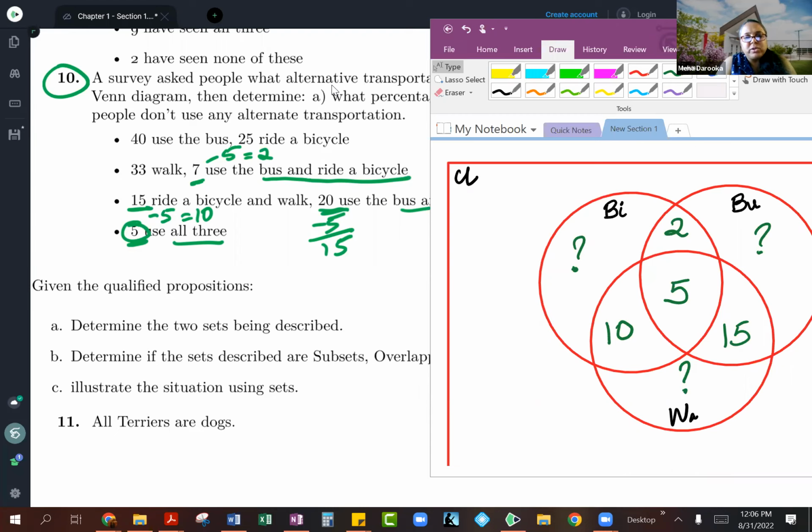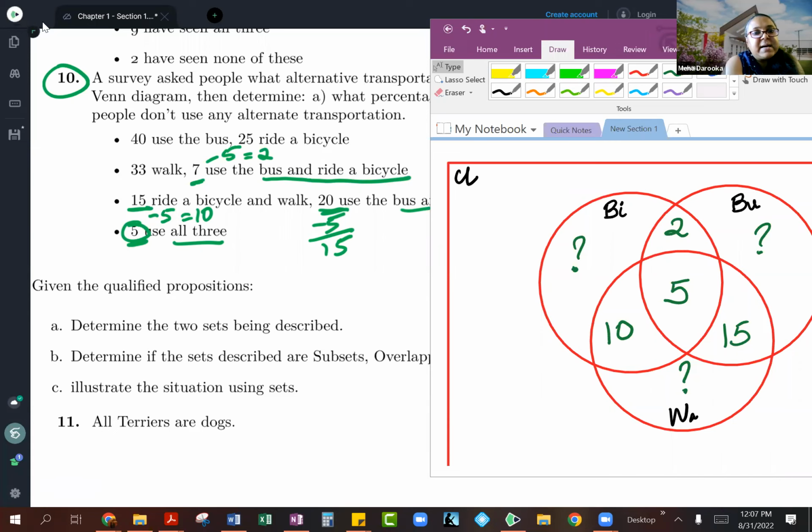Yeah, so 40 total use the bus, and then you have to think about all the overlapping numbers that you have in there, Sarah, and then you would have to remove those. So basically, every circle has those three overlapping sections, as you can see. When you're looking at the walking circle, you have to think about the 10, 5, and the 15, which are in the overlapping section.